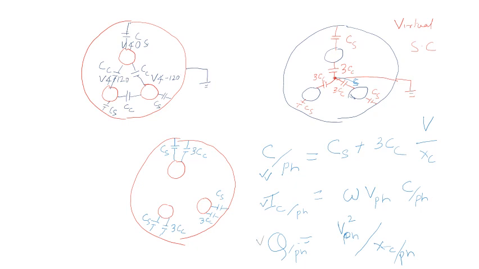So once you calculate the C per phase, you can get IC and you can get Q. We will do one numerical over this part.